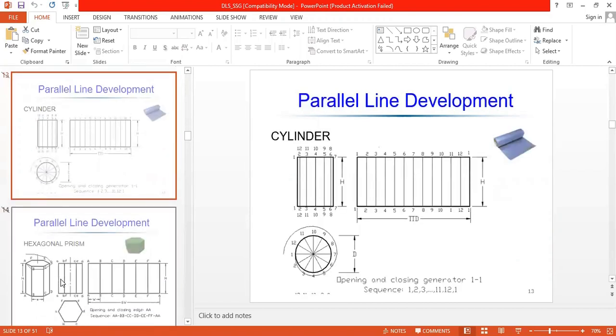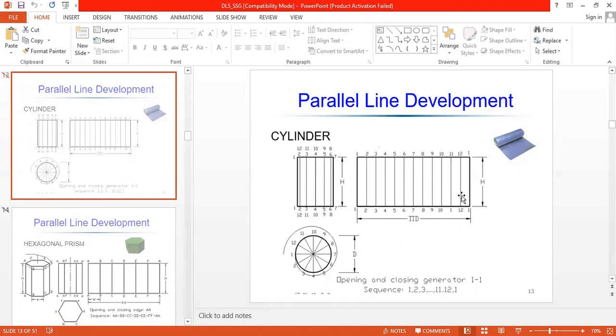If we see here, in case of the parallel line development, the cylinder is shown here. The cylinder has diameter D and height H. If we develop this, then we get the perimeter, pi D, as the distance here.